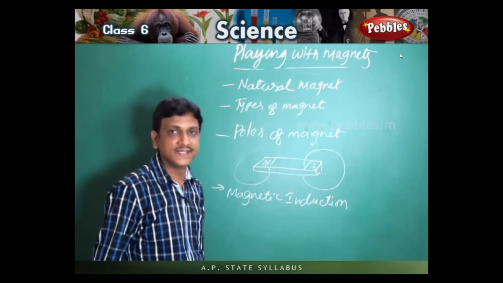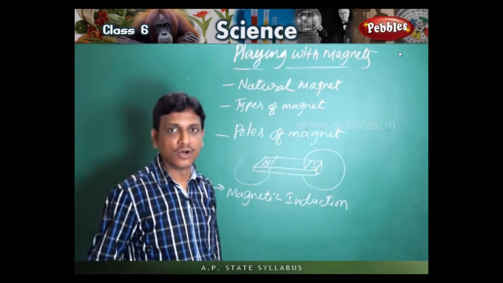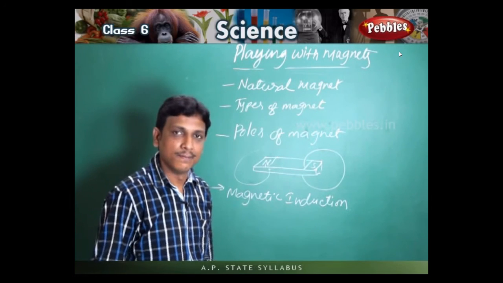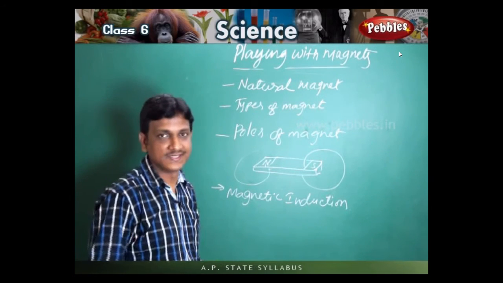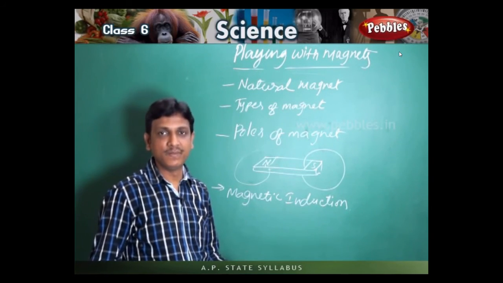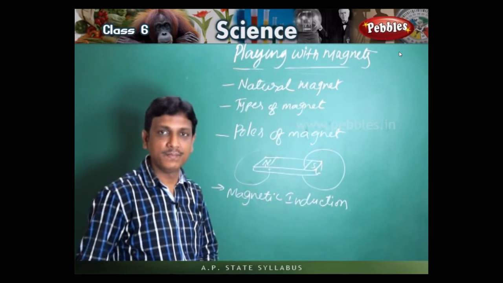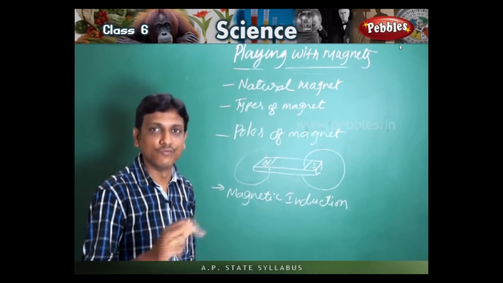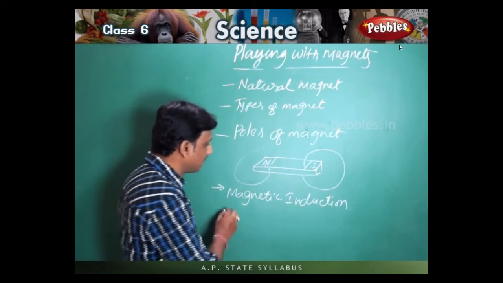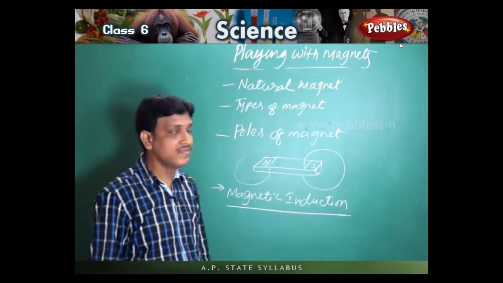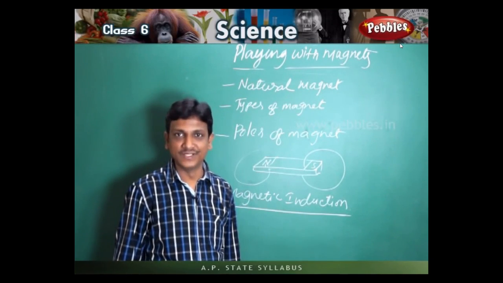When a magnet is near an object, if that object becomes a magnet, we call the property magnetic induction. We have done some activities like a safety pin near a magnet. When we bring a safety pin near a magnet, even the safety pin acts like a magnet, and we call the property magnetic induction. So these are the things we have learned in this chapter, playing with magnets.